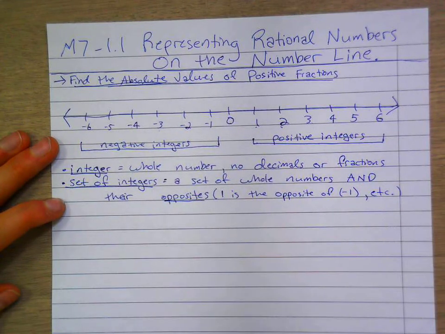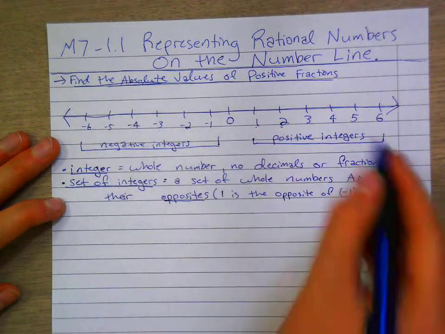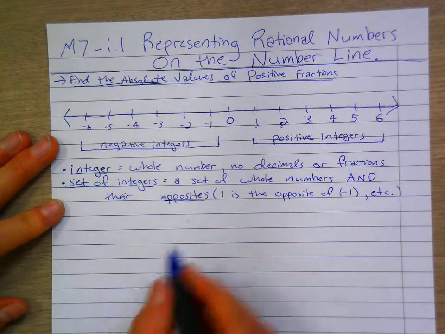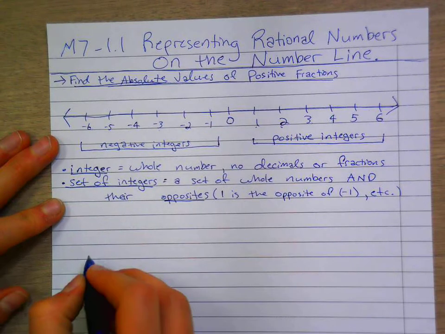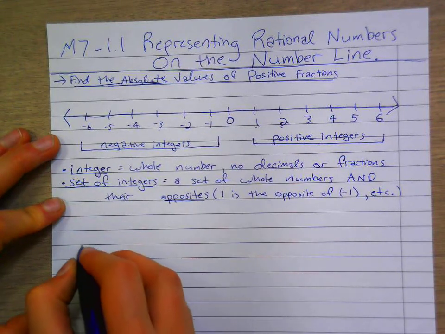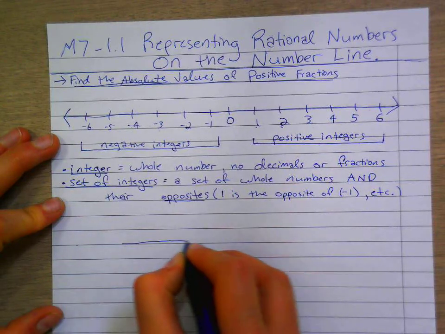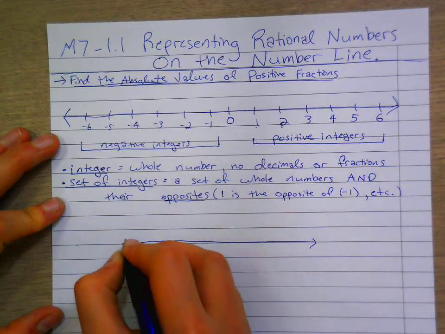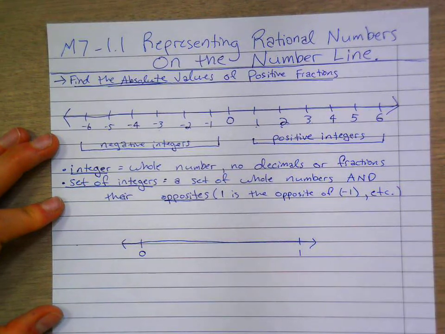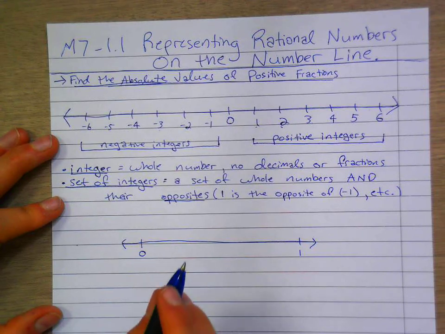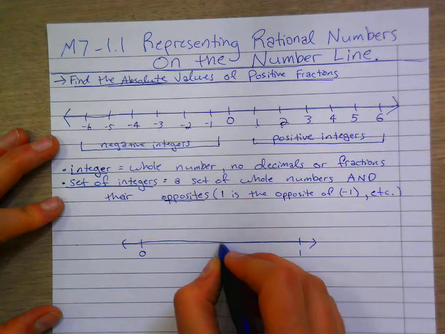Now, let's talk about the gaps between these numbers on this number line. I'm going to enlarge this section of my number line below. We have 0 and we have 1. You can write fractions in between these, and if we separate it in half, we have a half and a half.